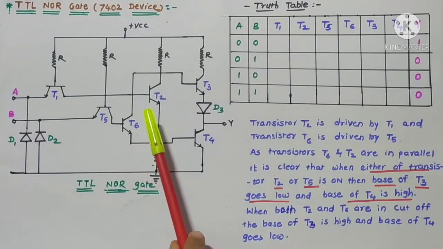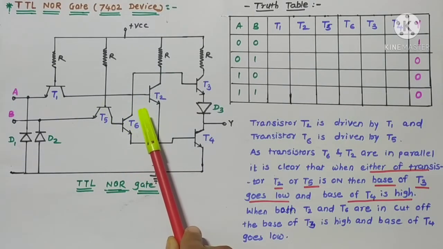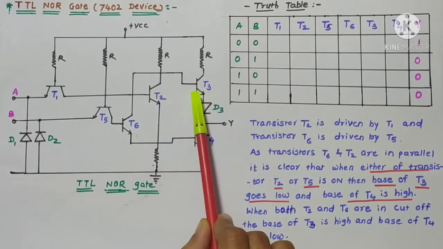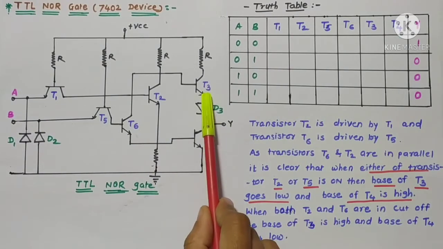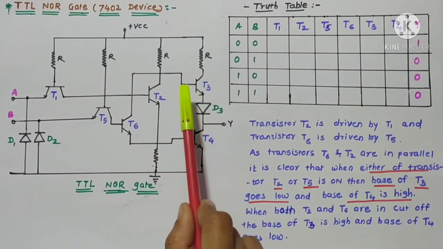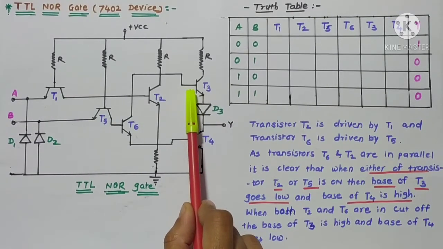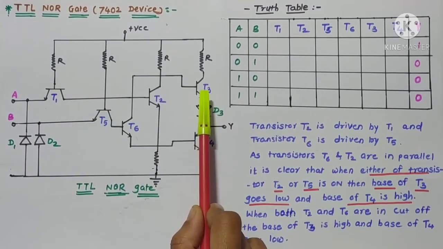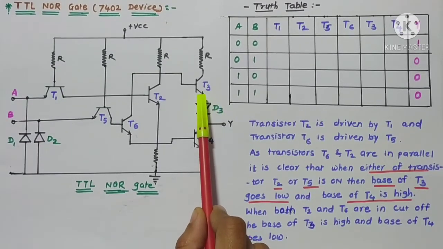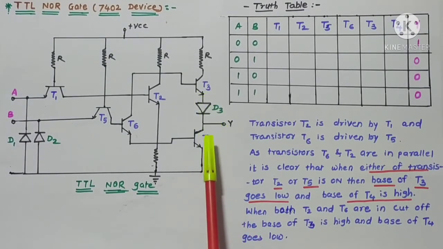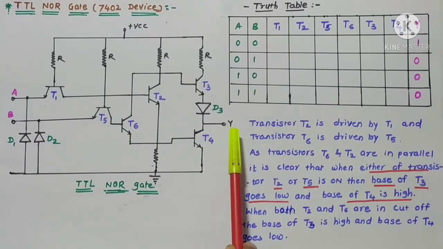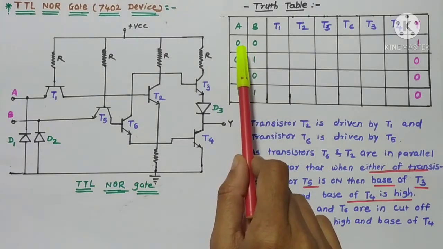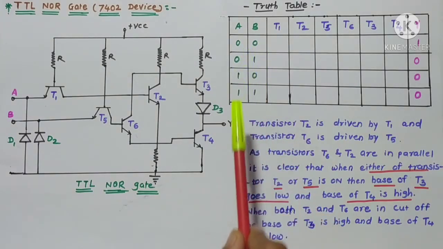If the collector voltage is high, it will make transistor T3 on, because the base of the transistor is high at VCC. And we know that as T3 becomes on, T4 becomes cut off. Okay students, therefore we can say that the output for this first case, when A is equal to 0 and B is equal to 0, is Y equal to 1, or VCC.